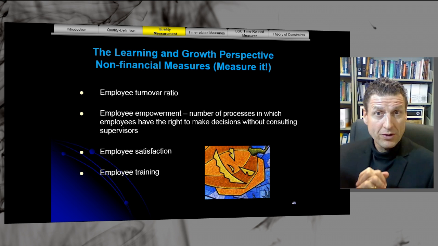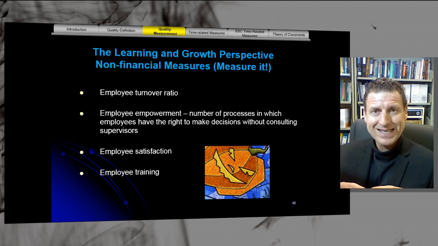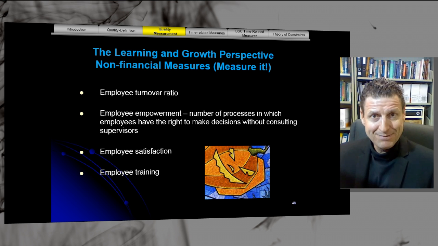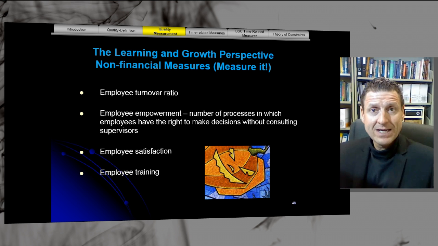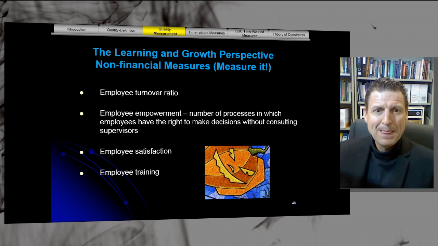What about the learning and growth perspective? I love training in this area because we focus on the employee value proposition, and that's all about how do you attract employees to come and work for your company, not only physically come to the company, but mentally devote themselves in terms of discretionary focus on the tasks that they are assigned to do under their job contract.